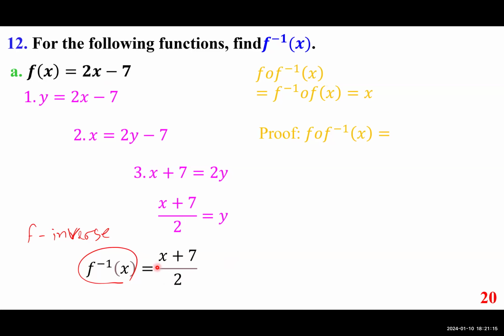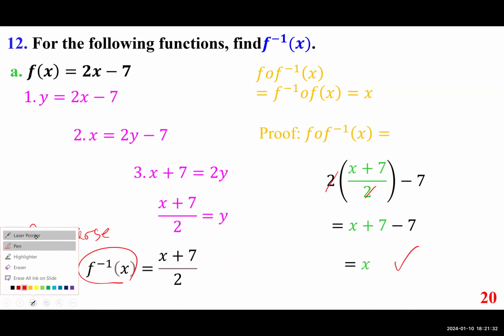So 2 times this minus 7. Of course, these two cancel each other. x plus 7 minus 7 is x, and it checks. So pretty simple.